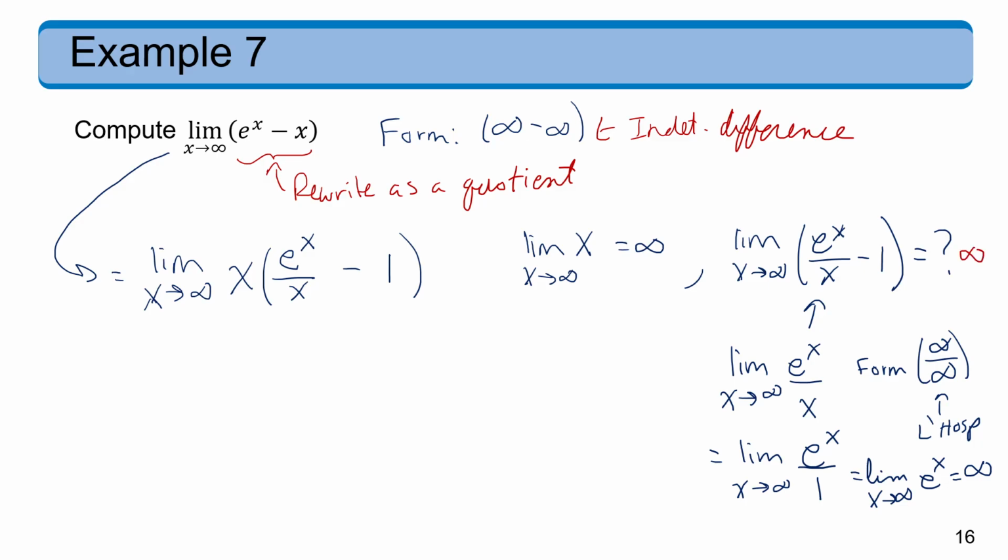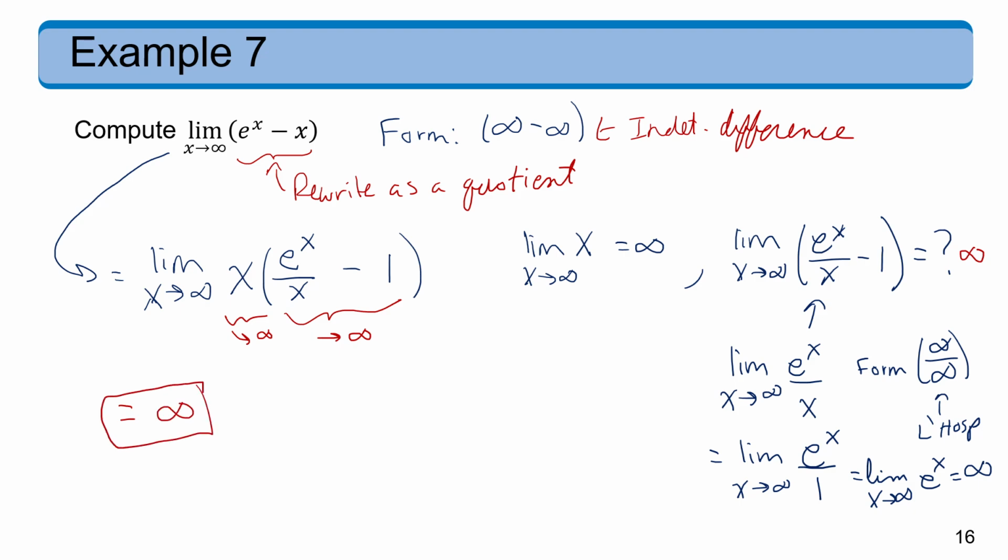So that tells us in our product, this term's going to infinity, and the second factor is also going to infinity. So we're multiplying two numbers that are both getting infinitely large. Therefore, the product would also be infinitely large. So our final answer is this limit is infinity.